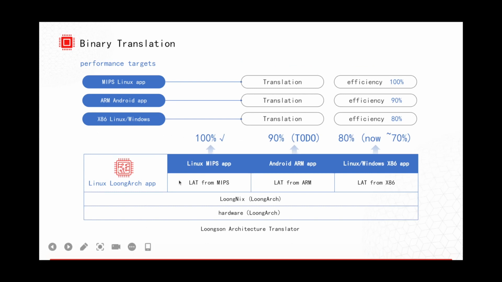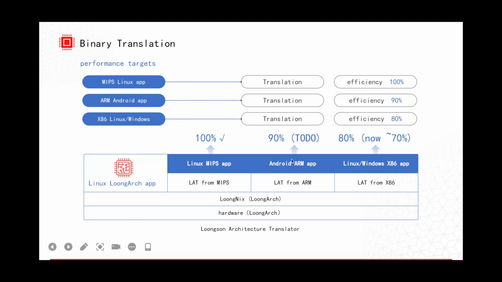Let me talk about the binary translation. This is the target for RISC instructions, because the semantic gap is not so big. So we expect very efficient translation. For example, from MIPS to LoongArch, we have designed some prototype translators that can translate almost at native speed.